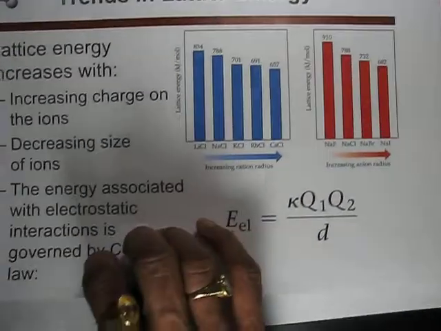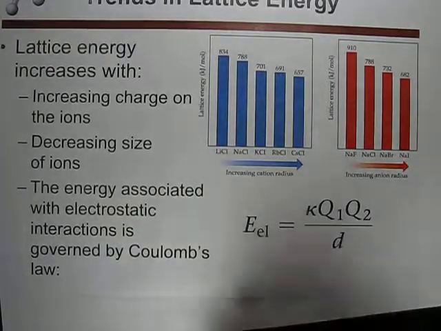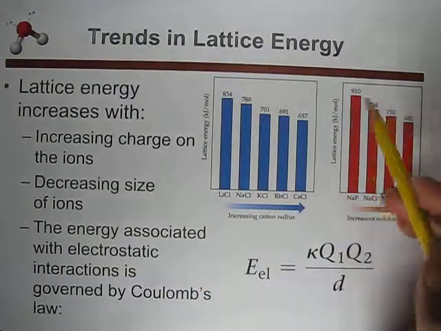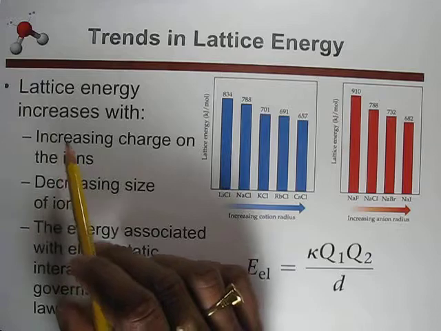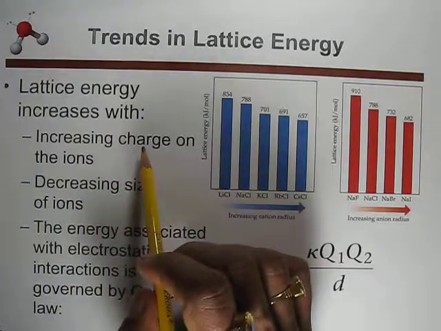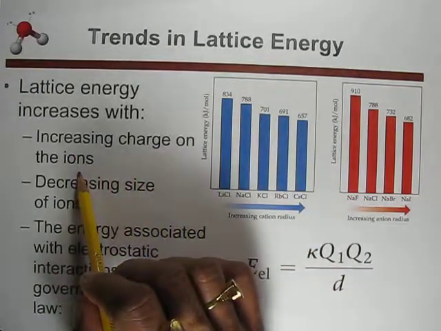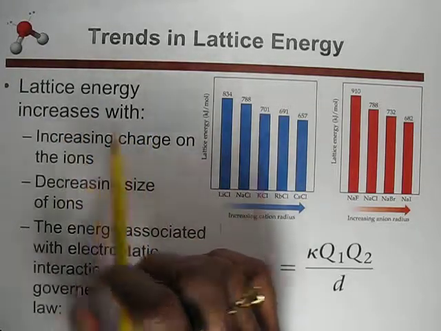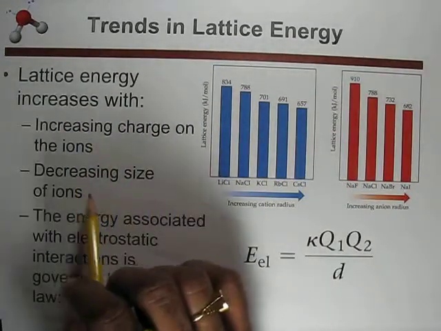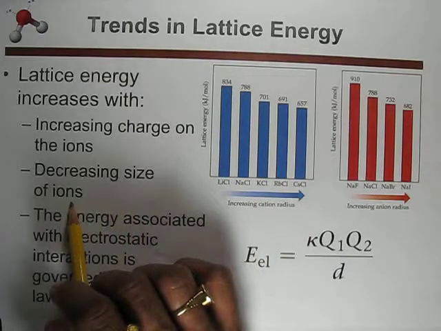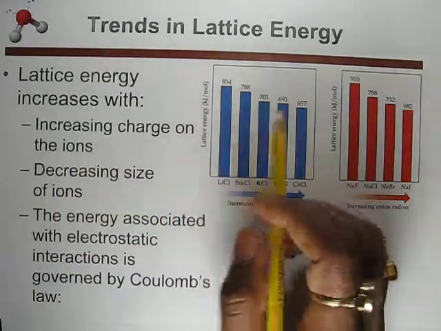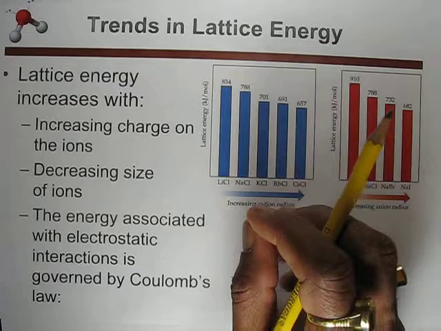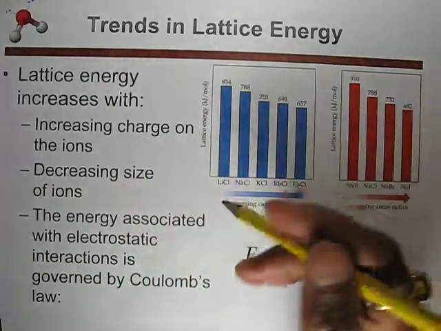So sodium iodide is very easy to convert into ions compared to any other ionic compound. What is the trend of lattice energy in the periodic table? Lattice energy increases with increasing charges on the ions and decreasing size of the ions. As the size of the ions decreases, the lattice energy increases.